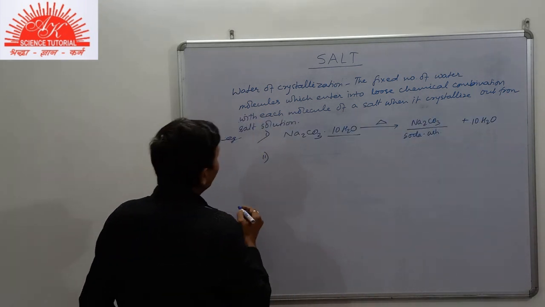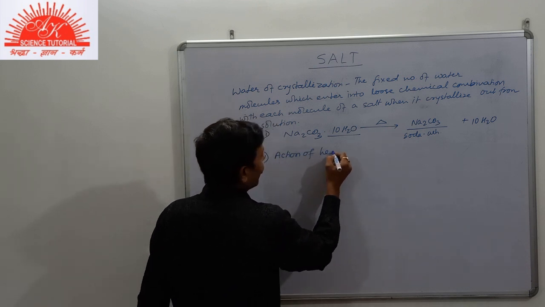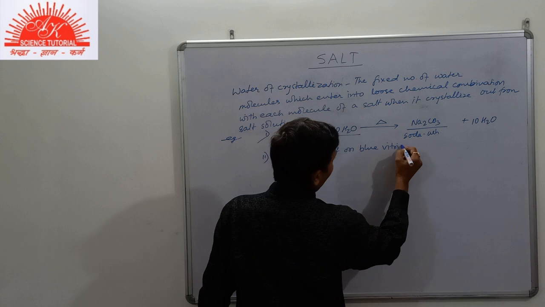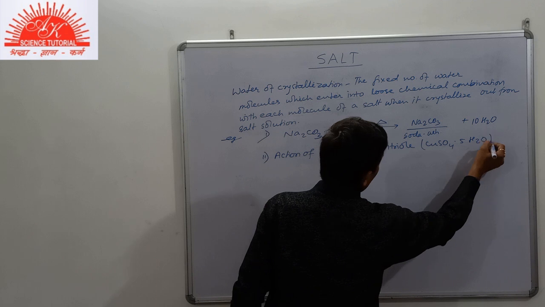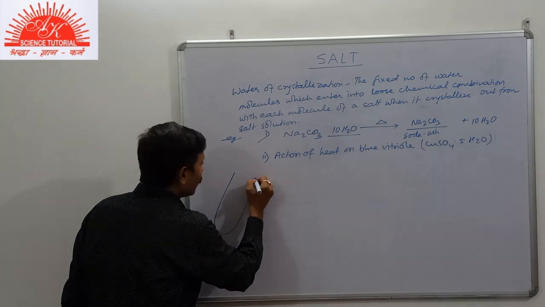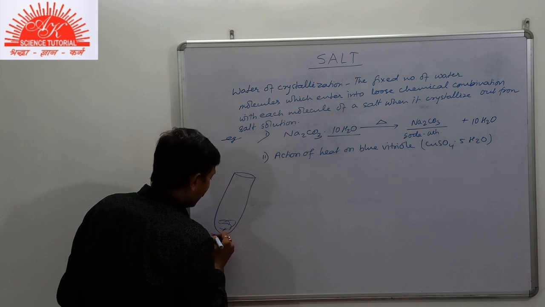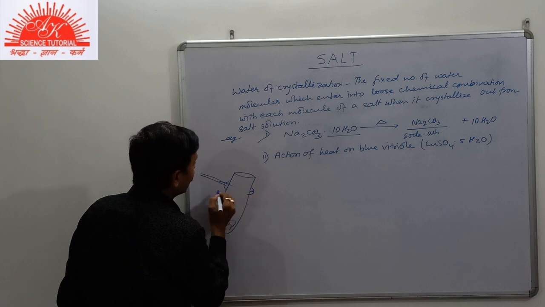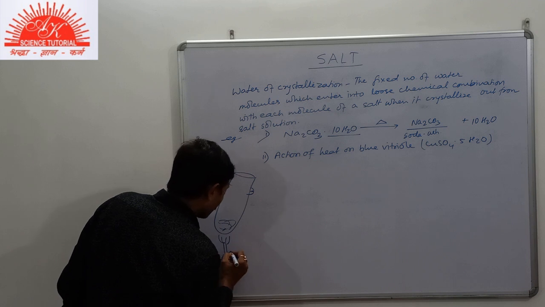Second, suppose we take an experiment, that is, action of heat on blue vitriol. Blue vitriol is CuSO4.5H2O. Now suppose we take a blue vitriol crystal in a test tube and hold it with the help of a holder. Now it is then heated over a burner.